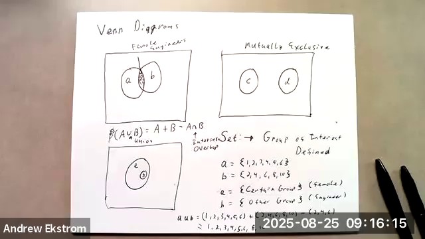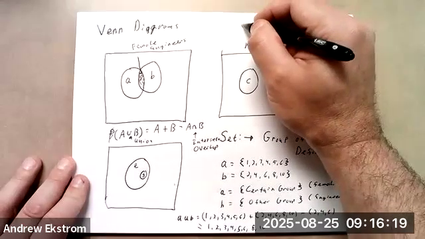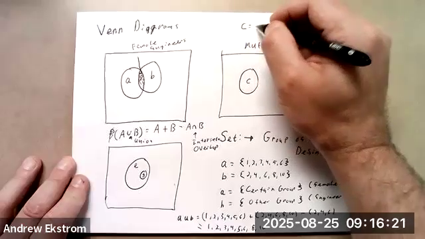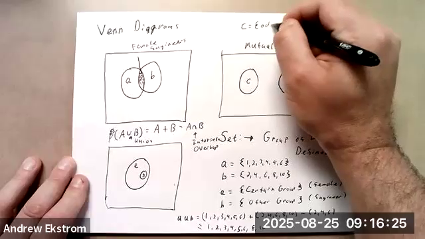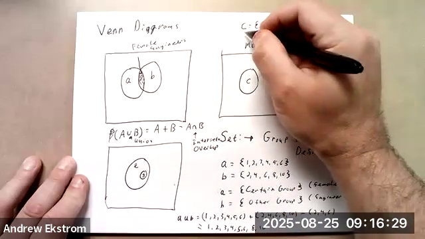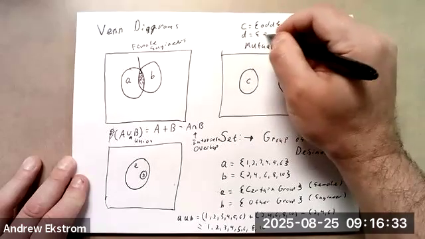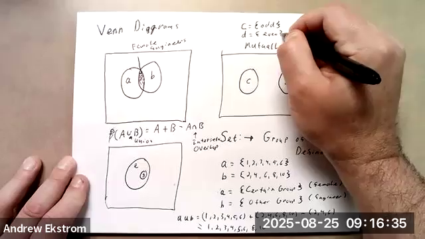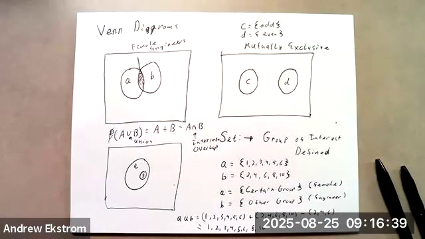No. An example would be, let's say, C is all odd numbers, and D is all even numbers. And hopefully I'll remember the difference between even numbers and odd numbers.